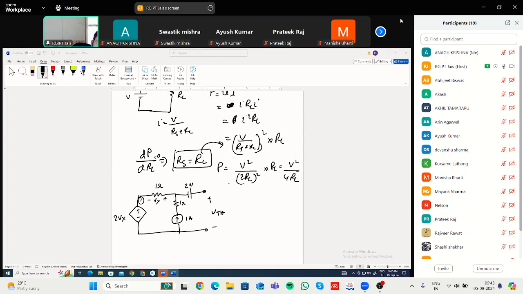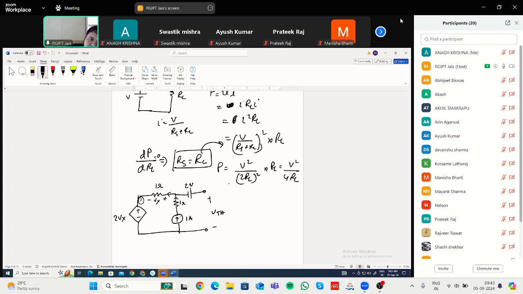So definitely this 1 ampere current will be flowing through this 1 ohm resistance, because an ideal current source always tries to maintain the same value of current through whichever terminals it is connected to. Current cannot flow through this path because there is an open circuit. That same amount of current will be flowing through this path.